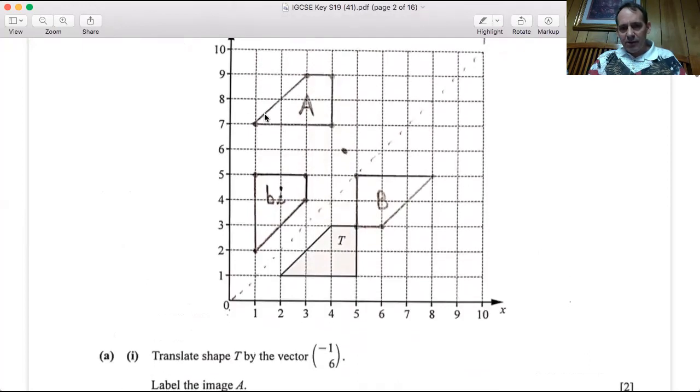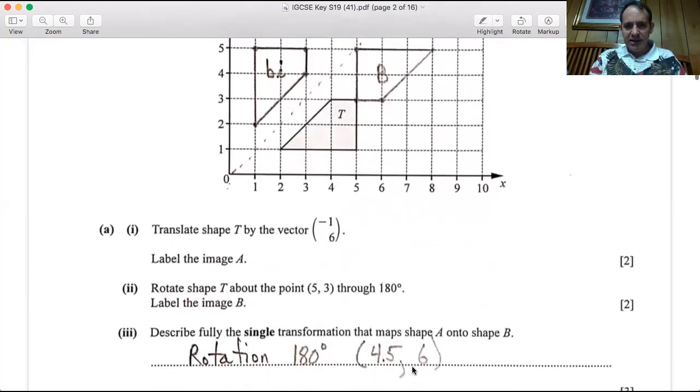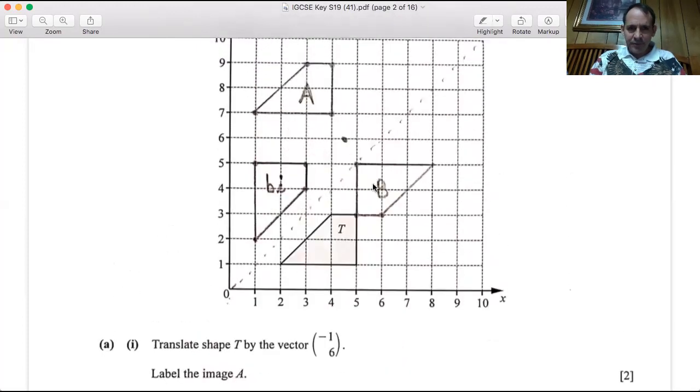It's rotated 180 degrees, so you can see that it's turned completely over, and you need the point of rotation. Because it's 180 degrees, it's just going to make a straight line between our corners here. So halfway in between these 2 points is this point right here.